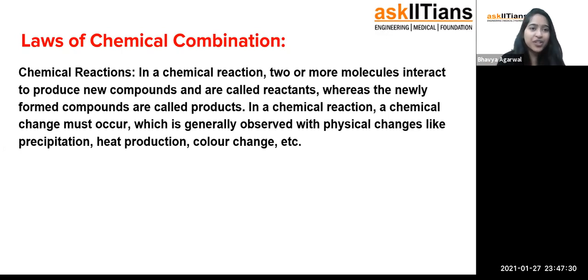It becomes reddish in color. That happens because of oxidation, which is a chemical reaction.